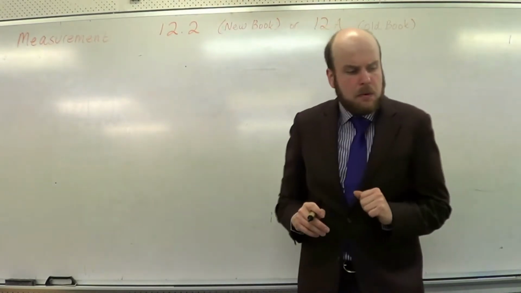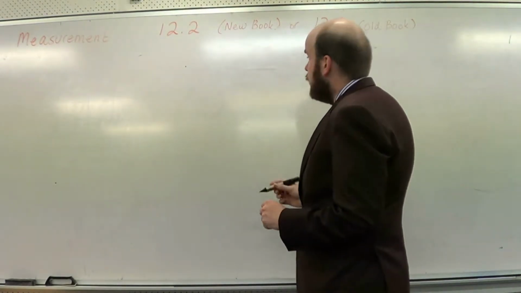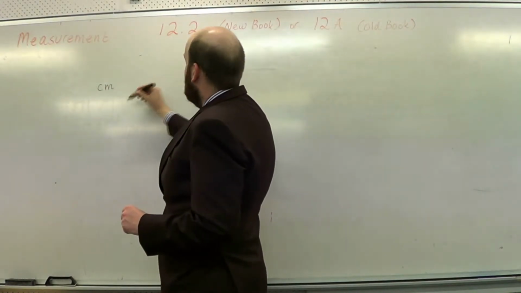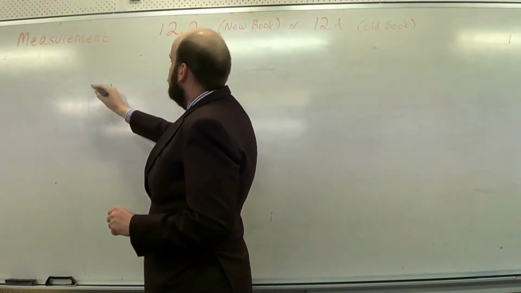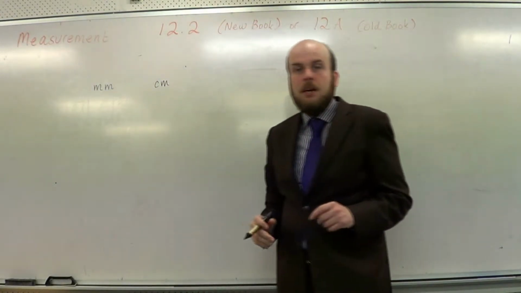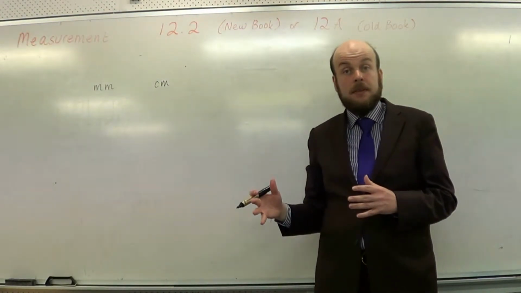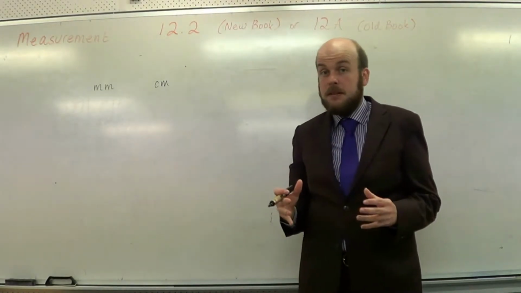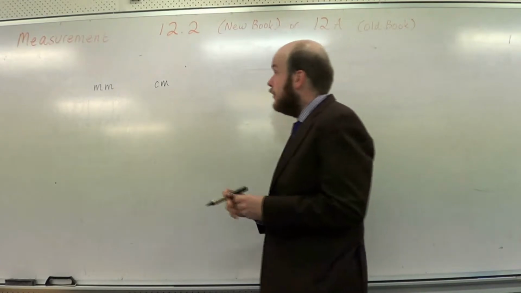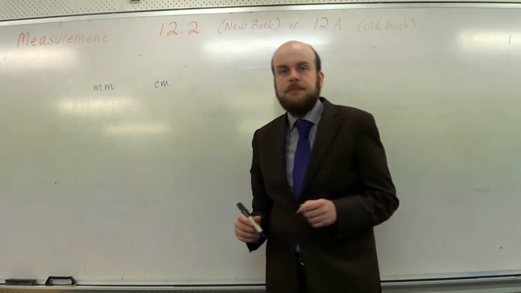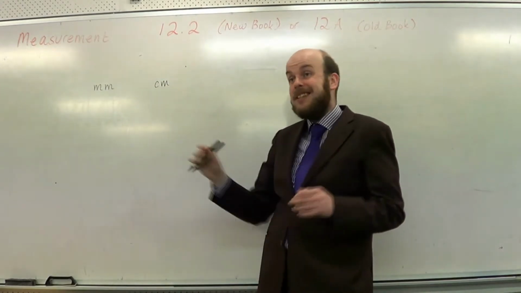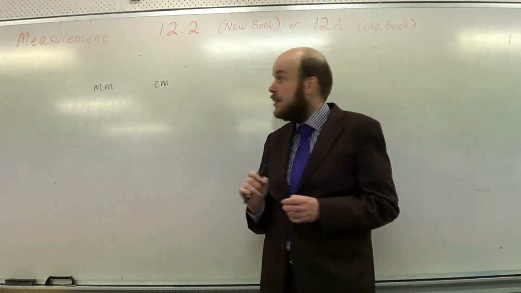So here we go. What we're going to do is talk about conversion. If I wanted to go from centimeters, so we'll start with millimeters actually. If I want to go from centimeters to millimeters, there are 10 millimeters for every centimeter.